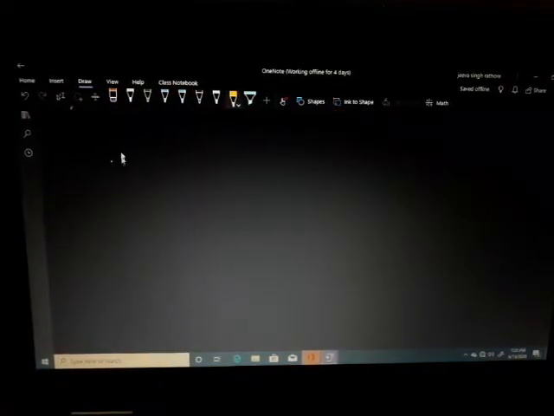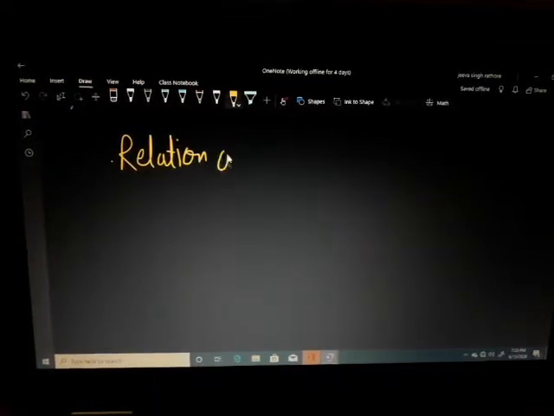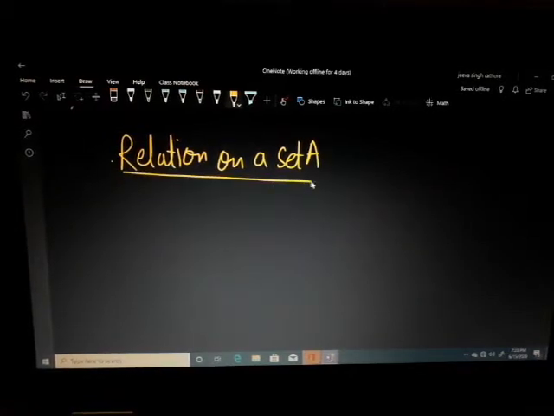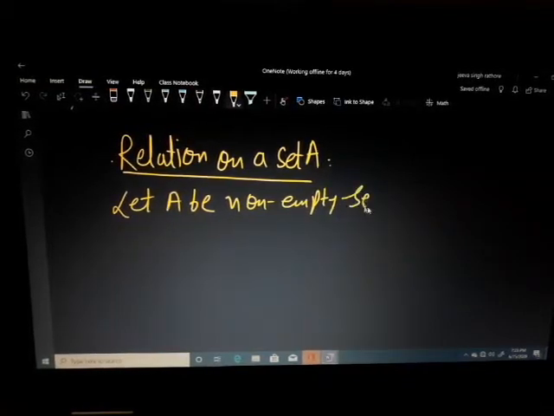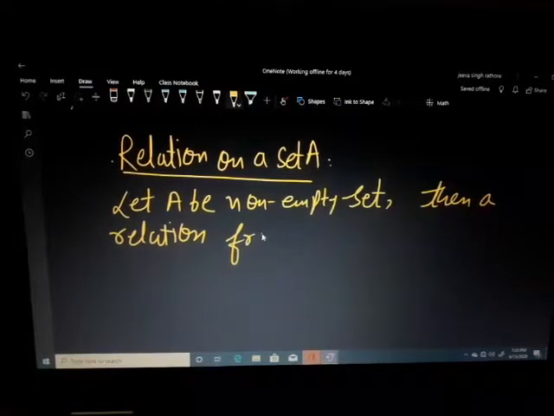Next important point is a relation on a set A. So how do we find a relation on a set A? Simply, let A be a non-empty set, then a relation from A to itself.